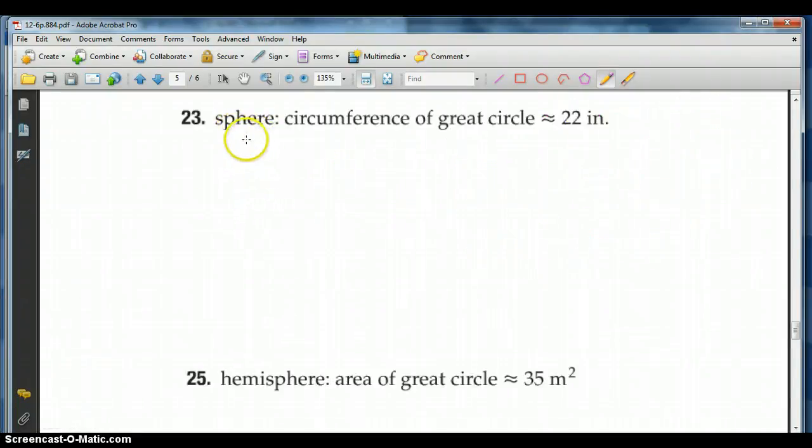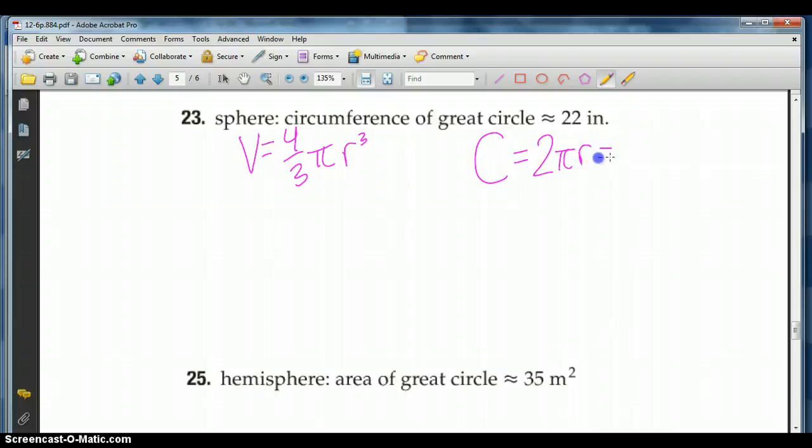So the volume of our sphere, which is 4/3 pi r cubed, where the circumference of the great circle, so circumference, which is 2 pi r, is 22.